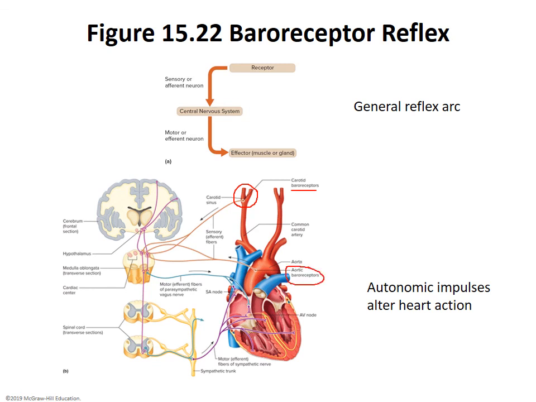Now, I want you to think about this. If I want to measure the pressure in the entire system, I want to go right to the source. Everything that's oxygenated that is going out to your body is going to go through the aorta right here, especially the ascending aorta. Before it goes anywhere else, that's where it's going to go. So if I want to measure the pressure and get the best idea, that's where I'm measuring it.